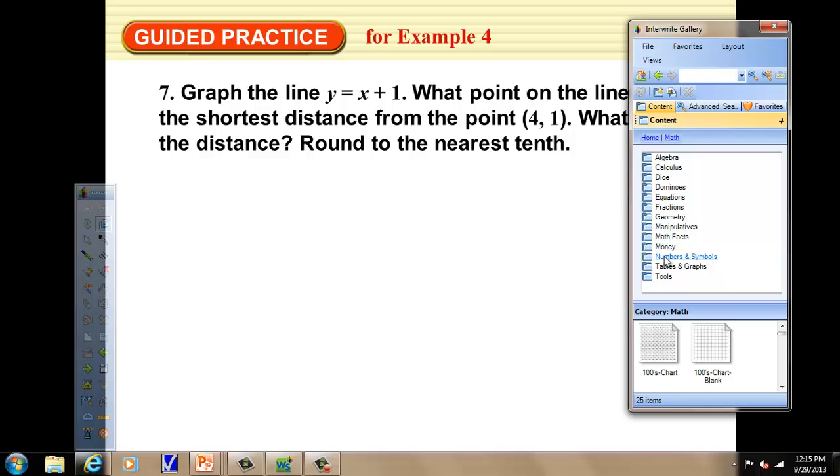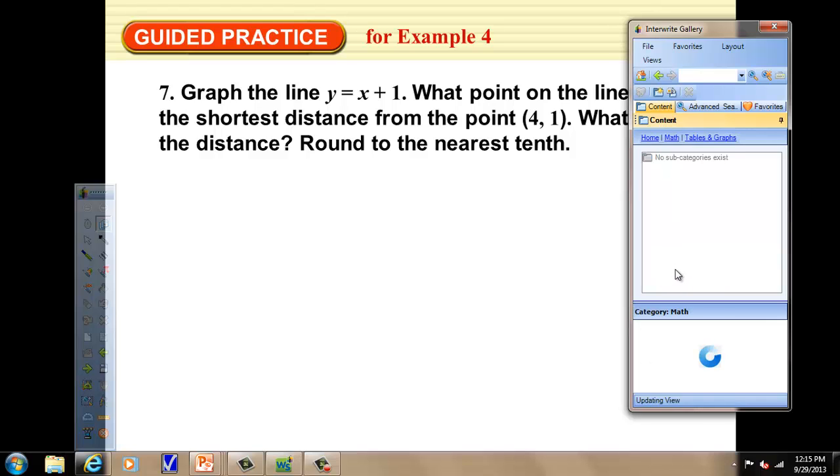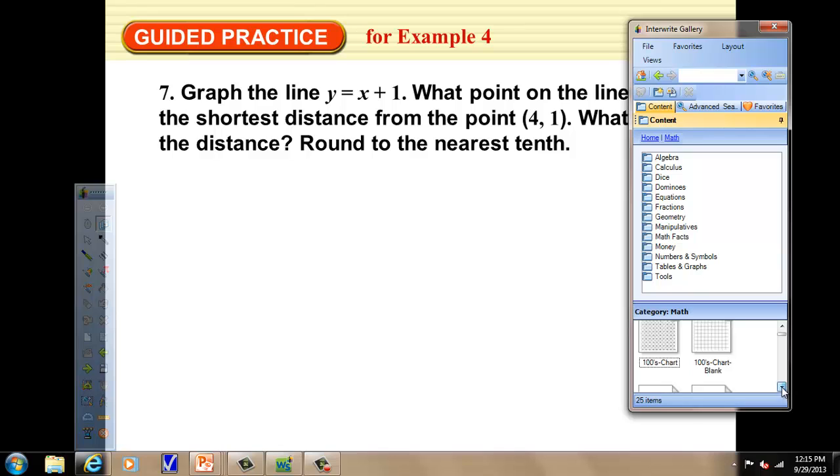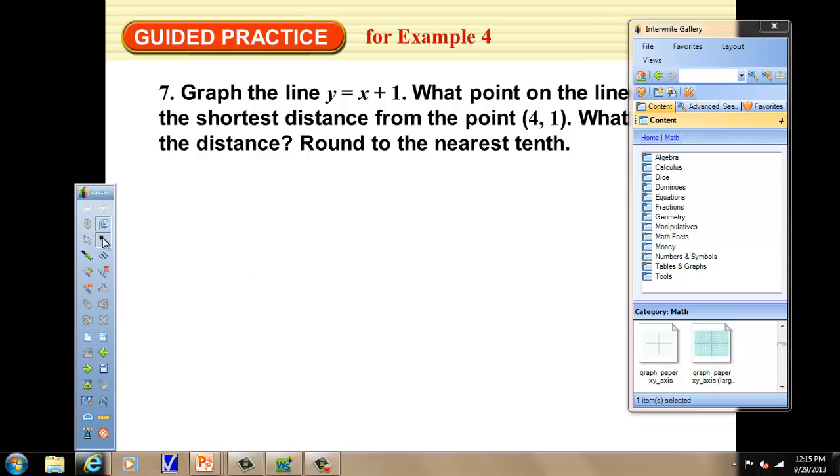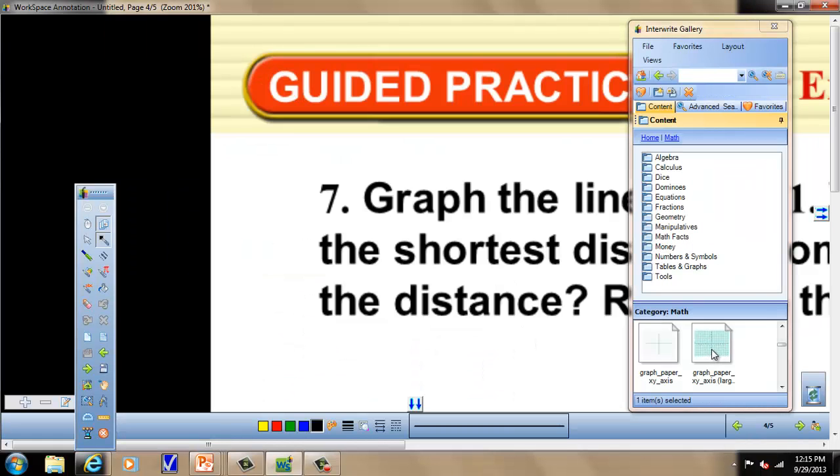Let's see. Nope, it's not there. I know it's here. Let's do this one. Oh, okay. Sorry about the wait there. I'm going to zoom it out one more time.